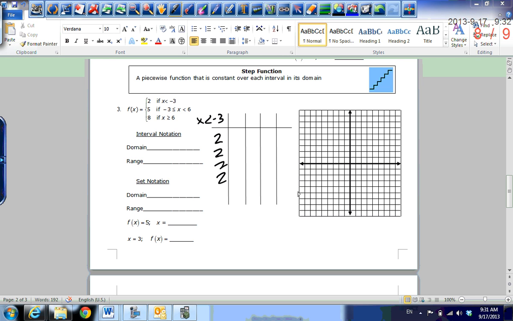Let's go ahead and graph that. So on my picture here, I'm finding -3. My y value is a 2. Right there. Open or closed circle at -3? Open. And then which way is smaller than -3? To my left or to the right? To the left. And it just keeps on going, right?